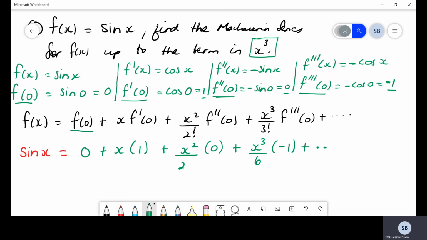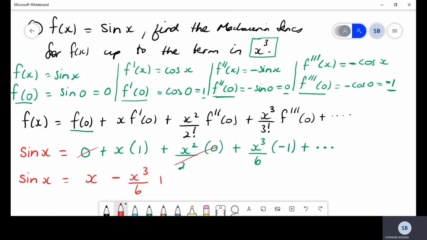Plus, dot, dot, dot. If they had asked for more terms, we would have continued with our answers. So cleaning this up, let's see what we have come up with using this Maclaurin's expansion. So this goes away, we'll just get x. This goes away because we're multiplying by 0. And we have minus x cubed all over 6.